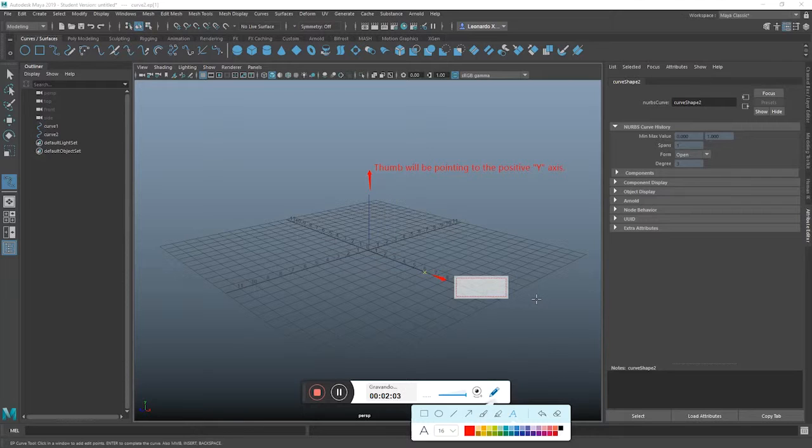Here, the middle finger will be pointing to the x-axis.